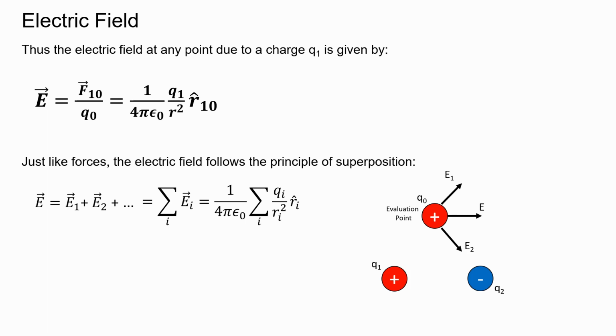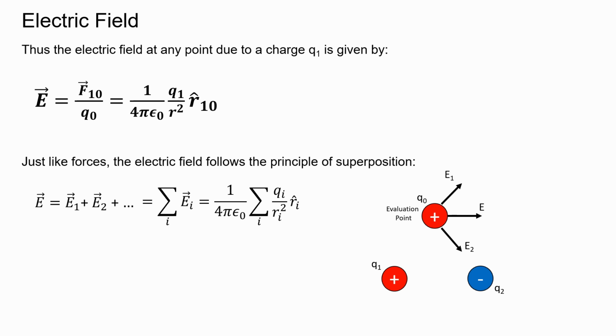Now, just like the Coulomb force, the electric field follows the principle of superposition. So if we have more than one charged particle, so not only do we have Q1, but maybe we have Q2 and Q3 as well, we simply add up the vectors of the electric field from each of these contributions, and we get the total electric field.